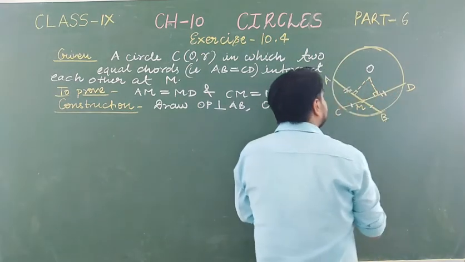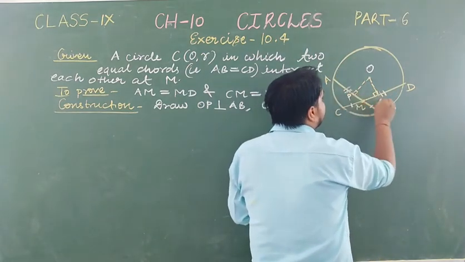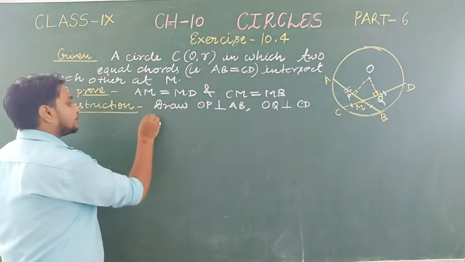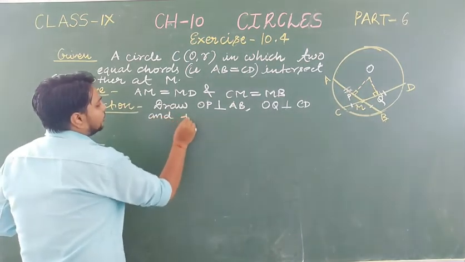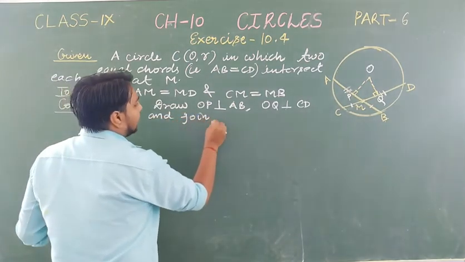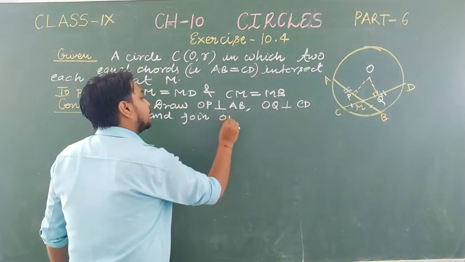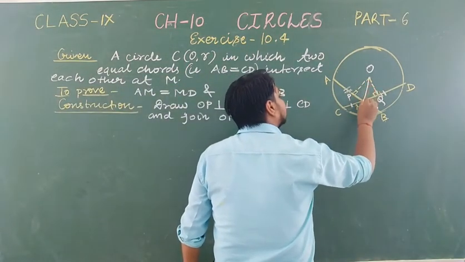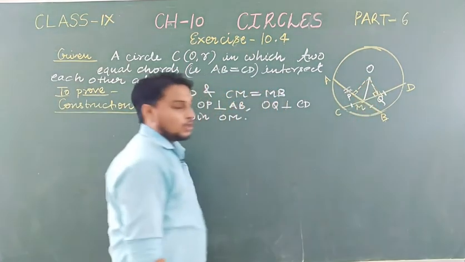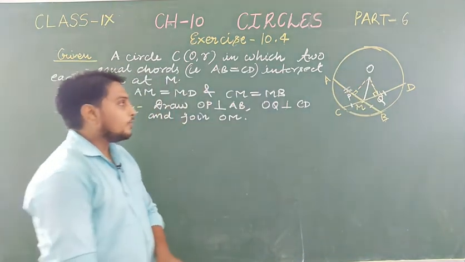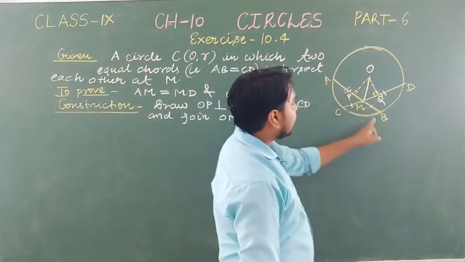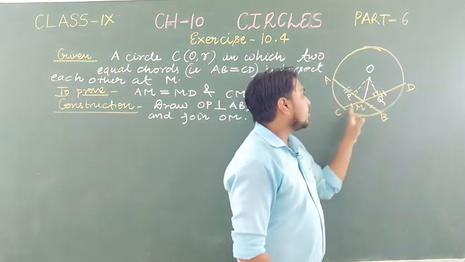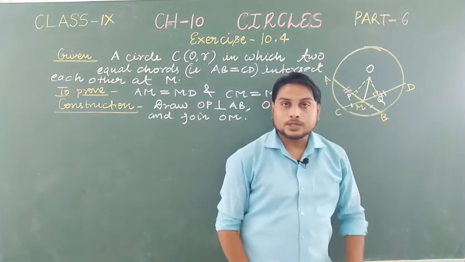Suppose it is P and it is Q. And also join OM. Just join this point OM. So what I have done, students, on this chord I have drawn a perpendicular from the center, and on this chord also I have drawn a perpendicular from the center.